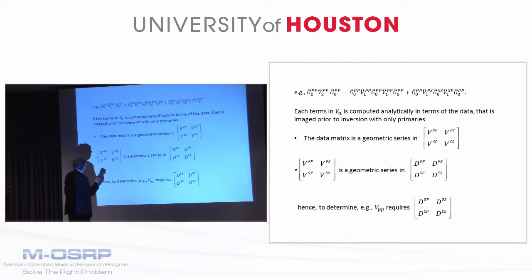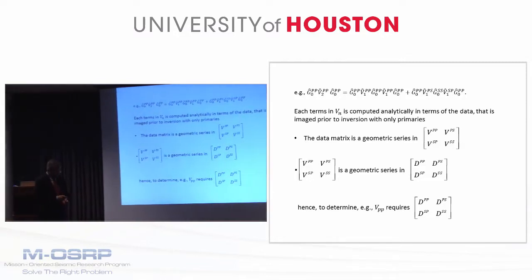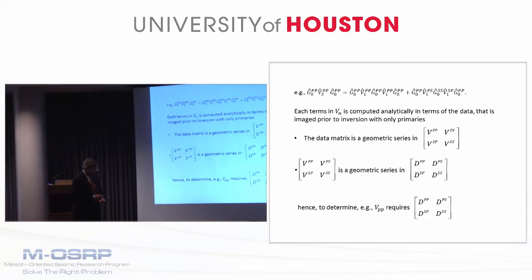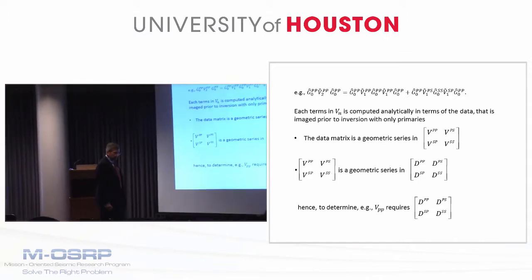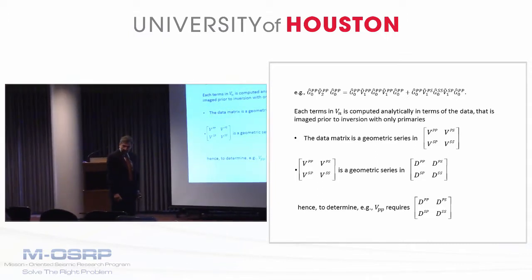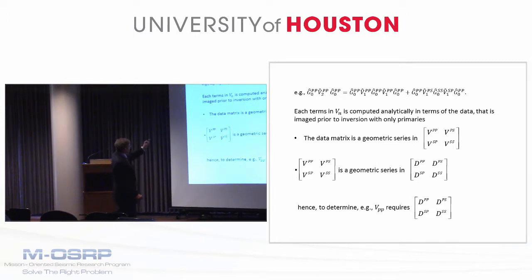It's a conspiracy. V1PP and V1PS and V1SP. Suddenly the second order in VPP cares about other data components. Okay, you understand? And when you look at G0PP, V3PP, it not only cares about PS, it cares about SS.